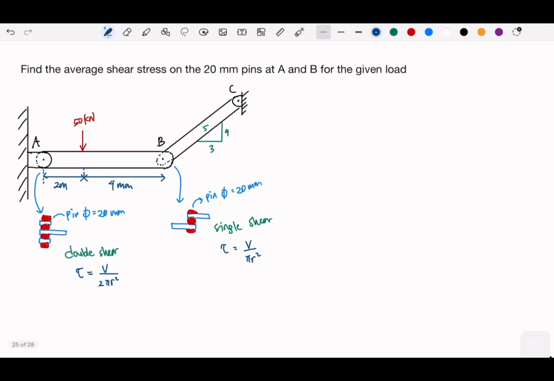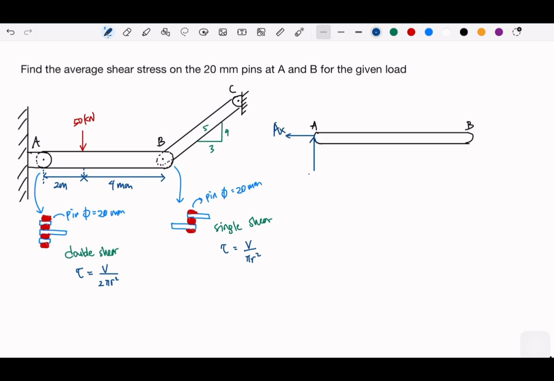Now the free body diagram, let me give you the AB bar. So this will be the bar. Imagine that first we have reactions on A, in the horizontal and in the vertical. You could first write this as your assumption.